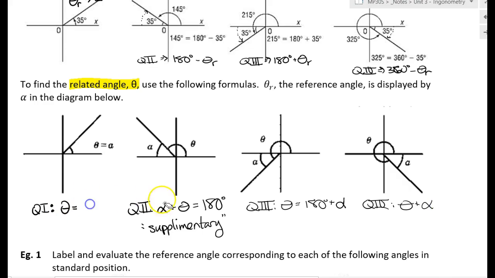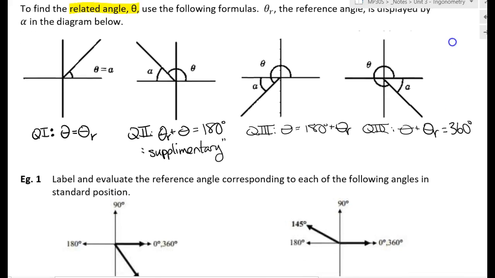So I'm going to change alpha to be our reference angle. And that equals 360. And so you can go about this any way you want. Using these equations, you can determine your reference angle or your standard angle from knowing which quadrant it's in. So let's do some examples.